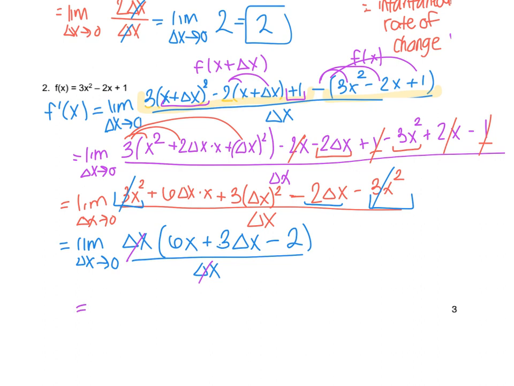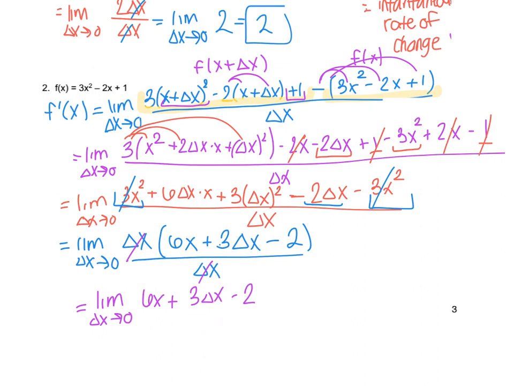Now what I've got is the limit as delta x approaches 0 of 6x plus 3 delta x minus 2. And now I'm in a position where I can use direct substitution because there are no errors or problems in substituting 0 in for delta x right here.